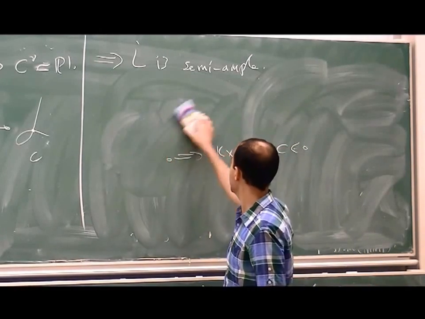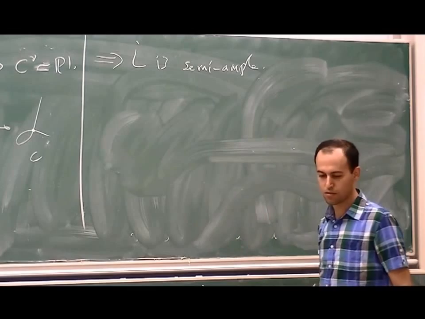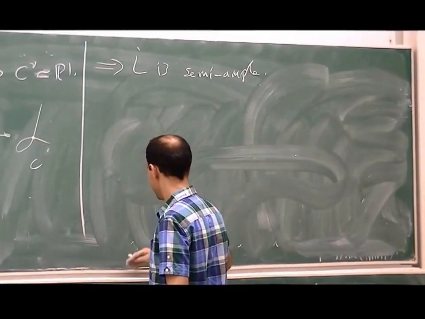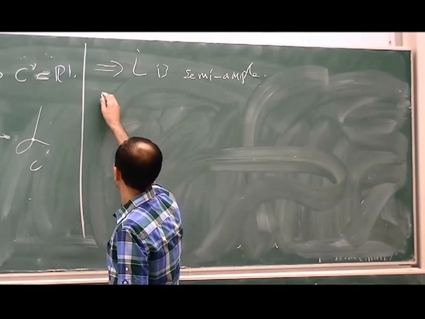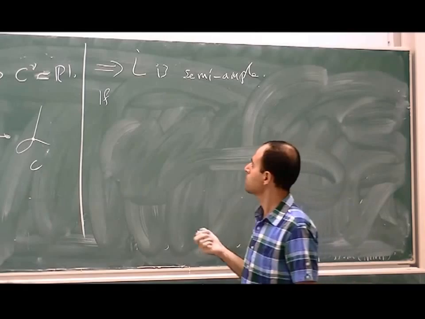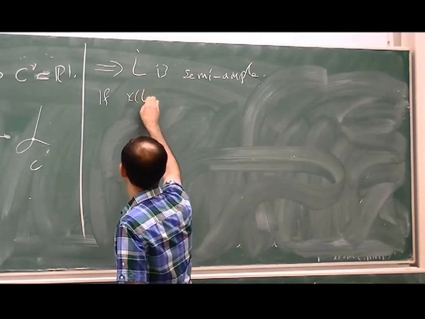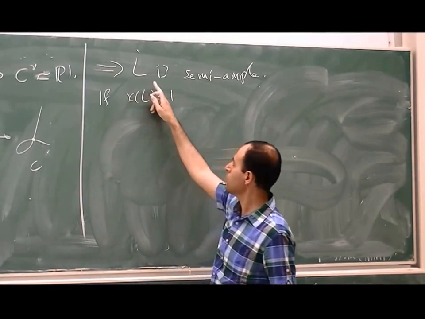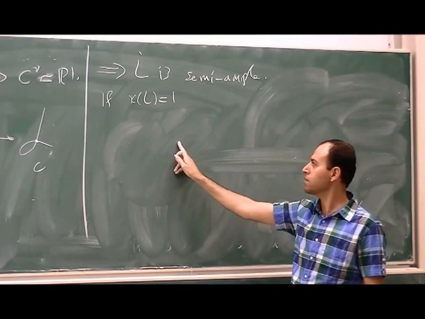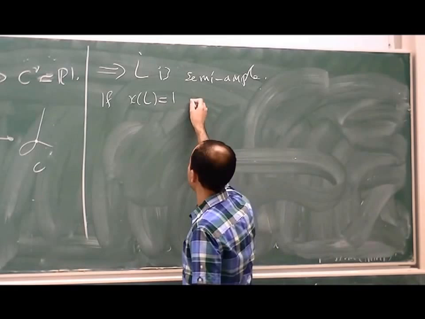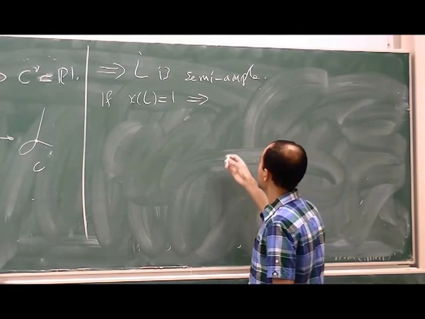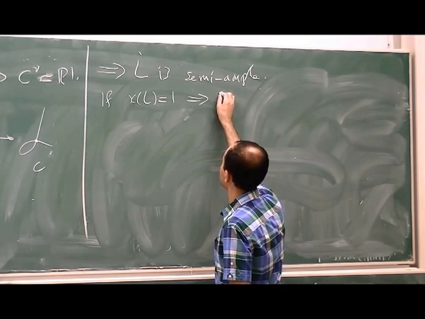Then you have other cases. That's actually not the end of the story. You have the case when the divisor L is not big. But if the divisor is not big, you have, again, several cases. If the numerical dimension of L is equal to 1, so L big means numerical dimension 2, now you can go to the next step, numerical dimension 1. Then actually here, the argument would be, in a sense, easier, since there will already be a fibration.